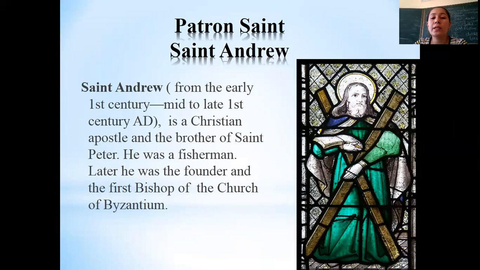Then the patron saint of Scotland, Saint Andrew, we can call him. Mid to late 1st century, he was a Christian apostle and the brother of Saint Peter, a fisherman. Later, he was the founder and the first bishop of the Church of Byzantium.